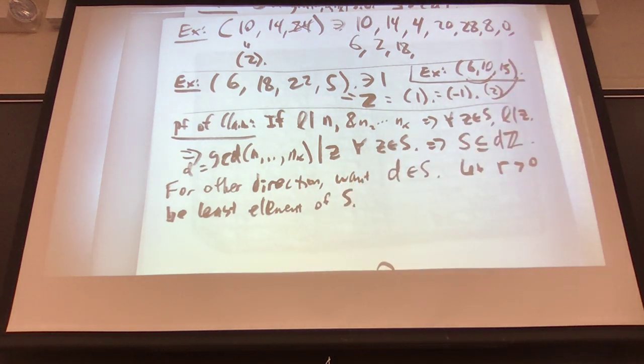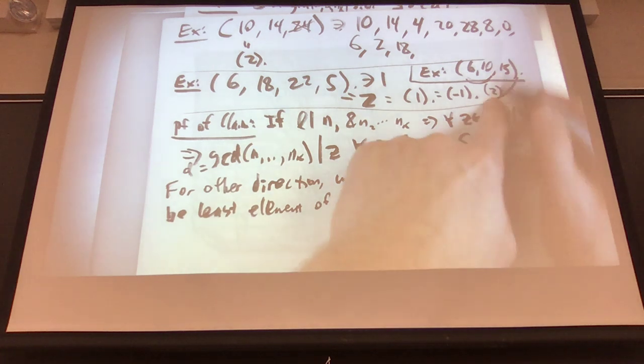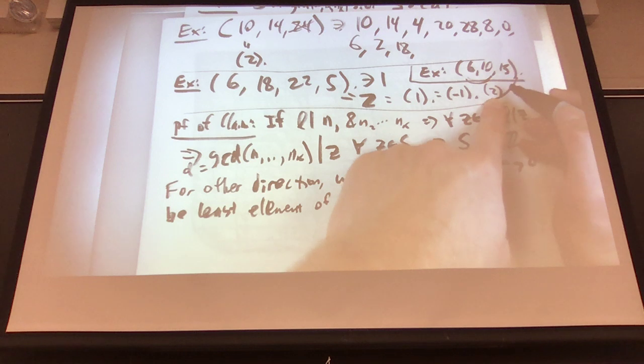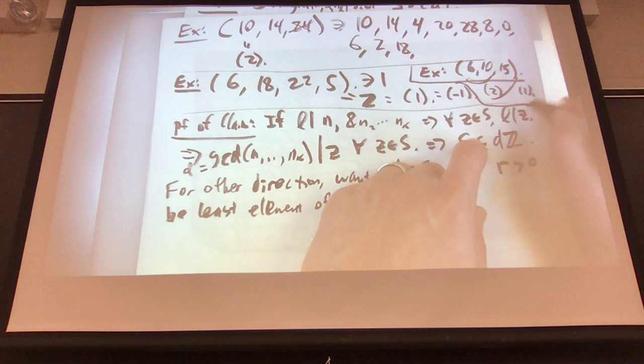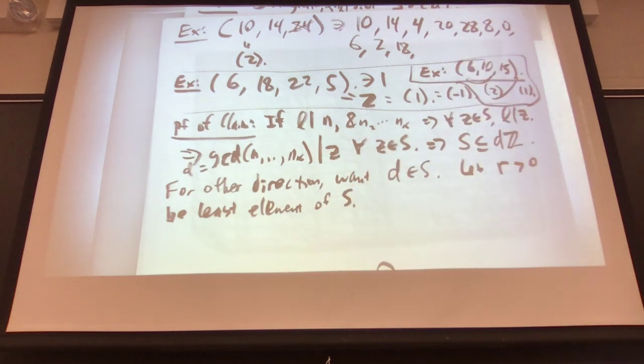Knowing that it's true on pairs, you can build your way up to an arbitrary collection. So any linear combination of 2s and 15s will give you all the integers. It's the ideal generated by 1. Does that make sense? So let's not do some fancy thing involving all of them.